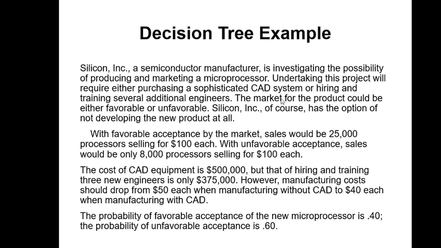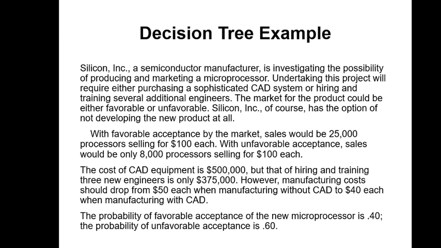Now, the marketing for the product could be either favorable, high sales in the future after we make the product, or unfavorable, which is low sales. Now, Silicon Incorporation, of course, has the option of not developing the new product at all. They have another option, which is doing nothing. Now, doing nothing, of course, is the third option.